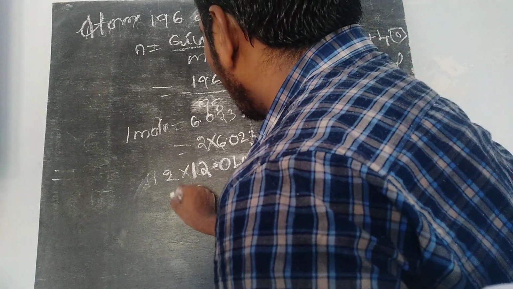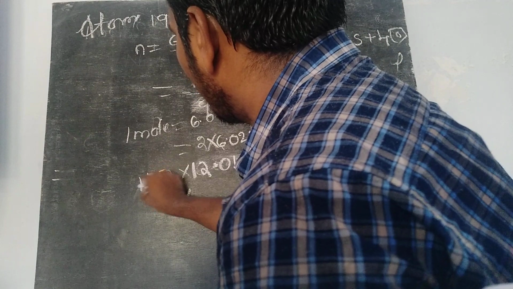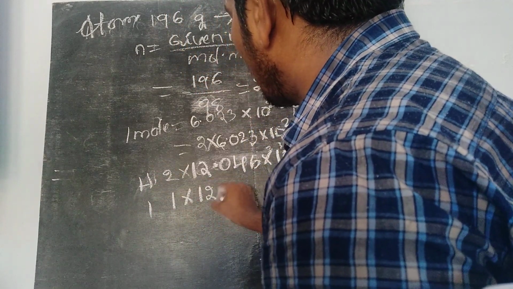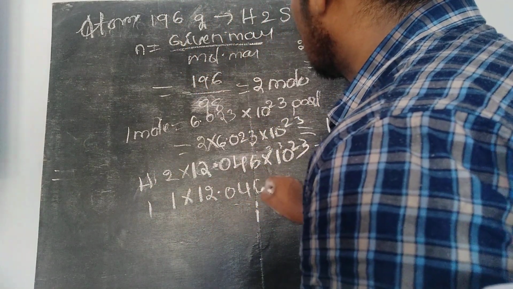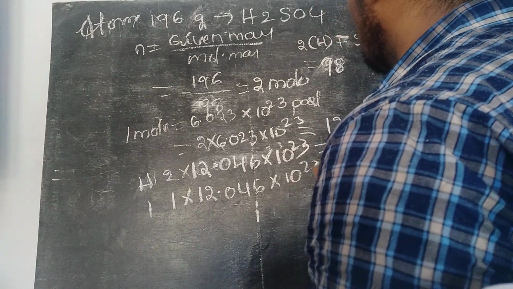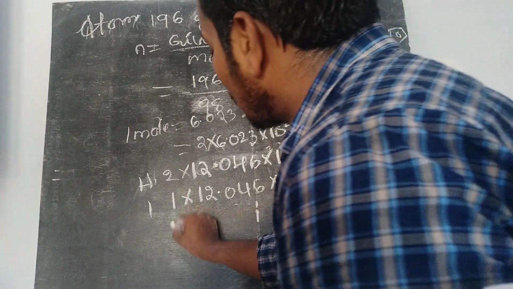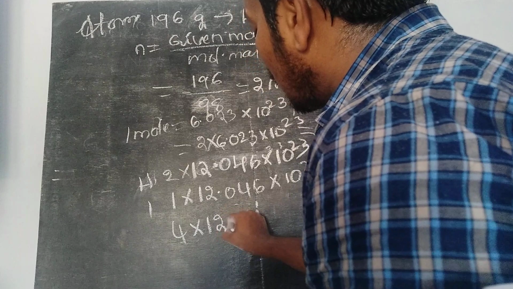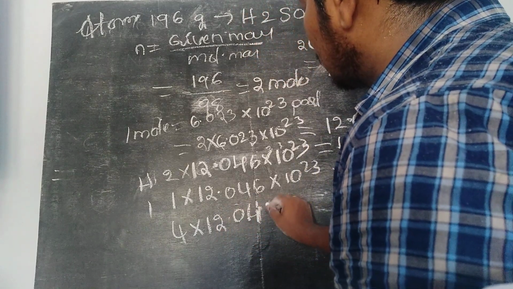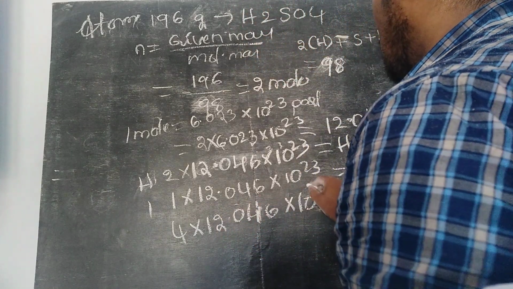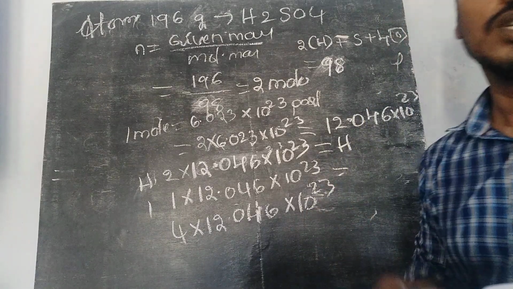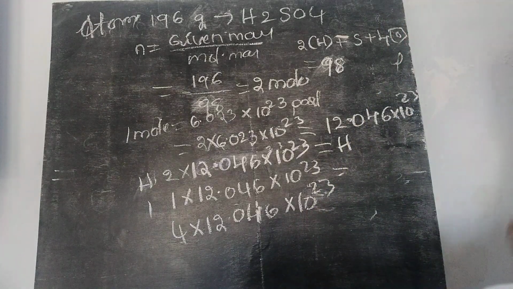This is the hydrogen, this is the sulfur: 6.023 into 10 to the power of 23 sulfur atoms. Oxygen, how many? 4 into 6.023, that is 24.092 into 10 to the power of 23 oxygen atoms present. Like this you have to calculate.